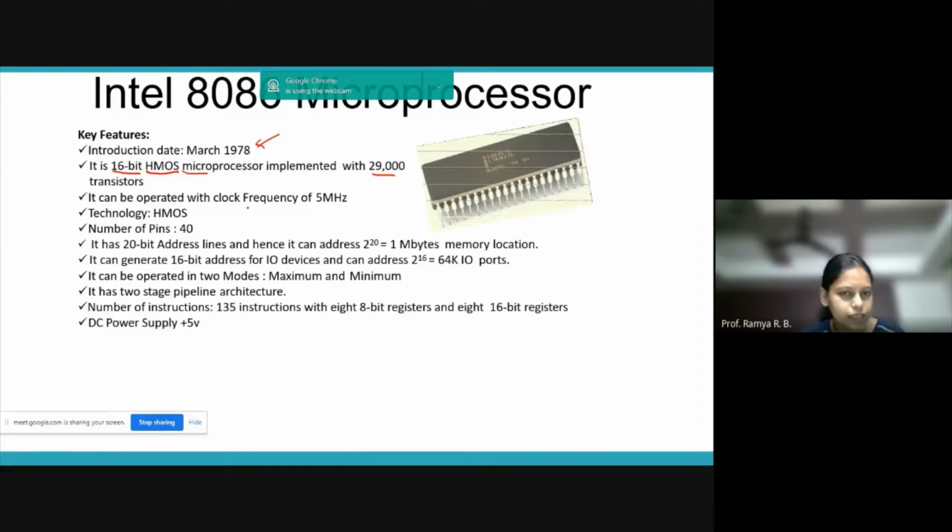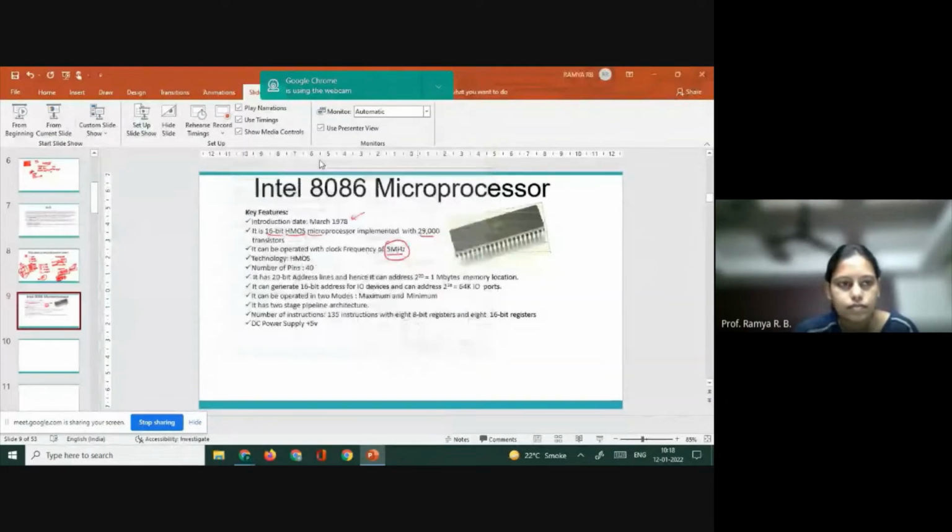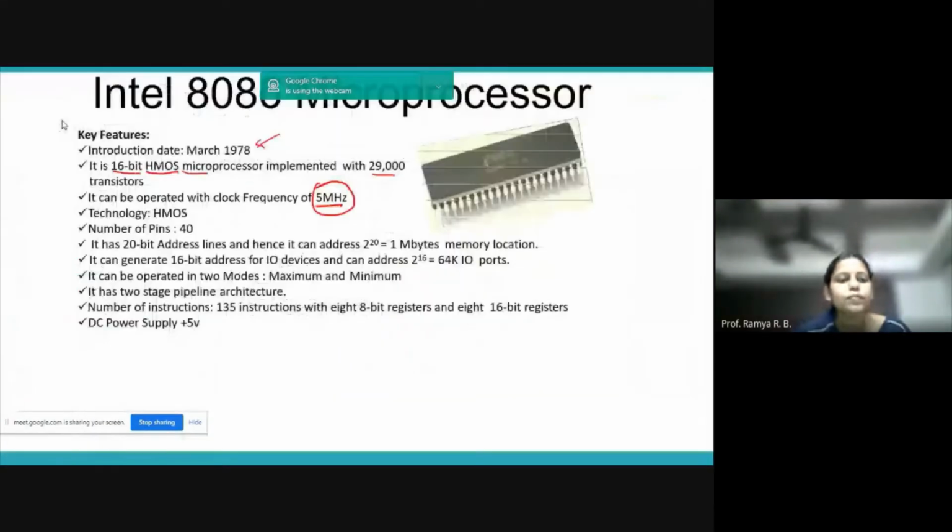It can be operated with a clock frequency of 5 megahertz. This is one point you have to remember: the clock frequency at which this chip operates is 5 megahertz. So the number of pins is 40, technology is HMOS, clock frequency is 5 megahertz.